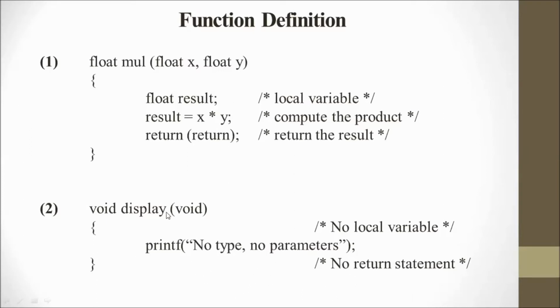In this function we just call void display, and the print function just prints or displays the message no type no parameter, and control goes to the main function. So there is no complicated process in this function. This is a simple function.